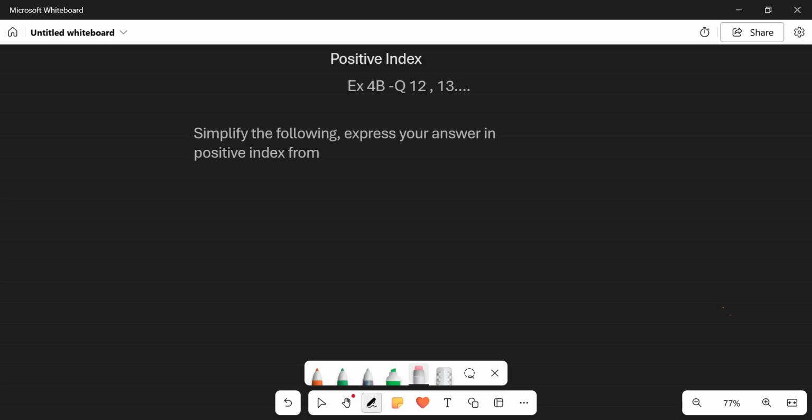Hello students, in this video we will learn how to convert the negative index, you can say negative exponent, into a positive. It's very simple, students. For example, if there is a to the power minus 2, how are you going to convert this into a positive 2?